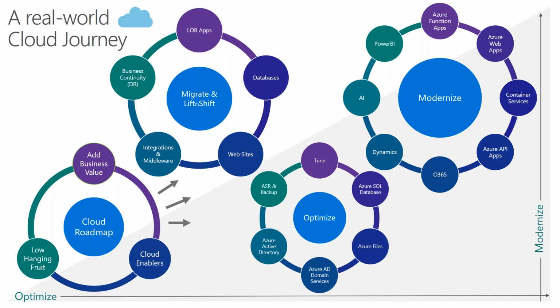And in modernization, these are more born into cloud applications. These are things that you would either utilize in the SaaS, or you would rewrite or refactor your applications. And Azure Function Apps for serverless compute, along with Logic Apps. They go hand in hand for workflow. Azure Web Apps, container services to totally utilize your hardware out there and optimize your investment as far as what it costs to run up in the cloud.